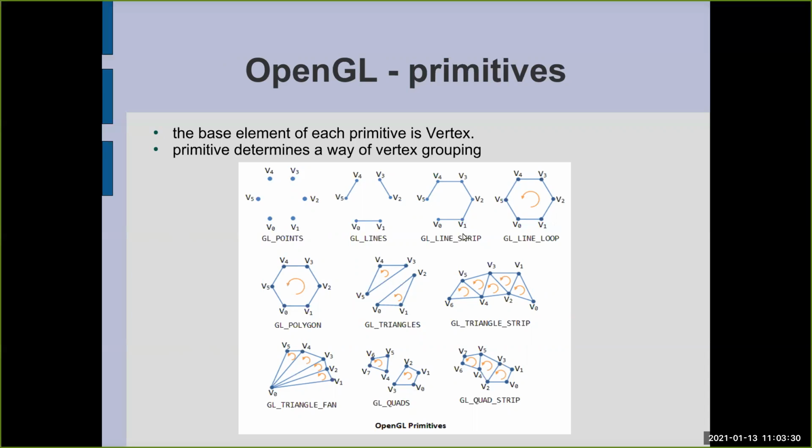So this chain is closed. A GL polygon differs from GL line loop in that it has a filled interior, so you can define what the color of it is. You can use GL triangles, triangle strip.